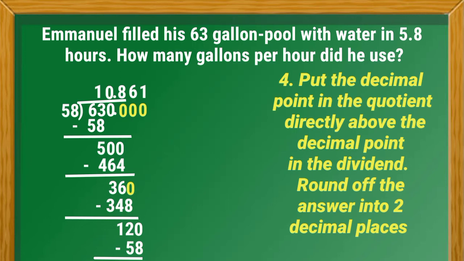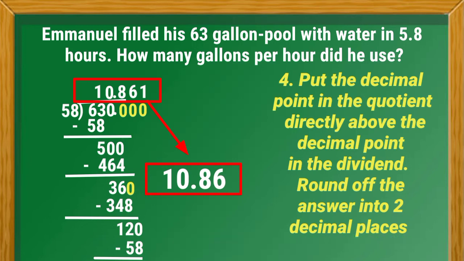The rule in rounding off numbers is that if the digit to the right of the number to be rounded off is 0 until 4, we are going to round down. But if the digit to its right is 5 or more, we are going to round up. So the answer is 10 and 86 hundredths. We put the decimal point directly above the decimal point in our dividend.